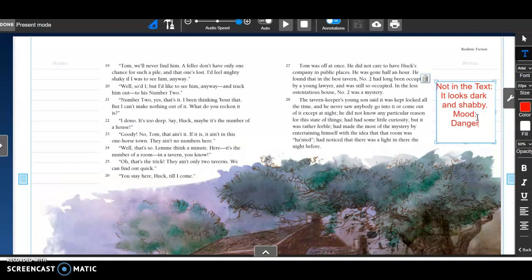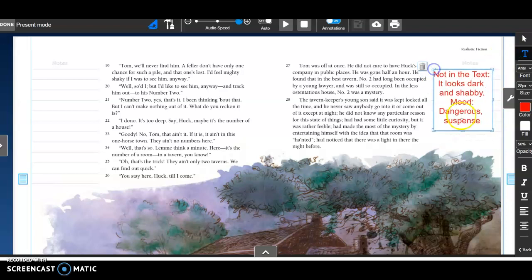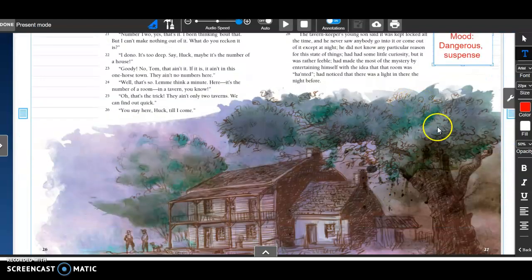Like mood can be dangerous. Could also be suspense. Okay. You can just list a couple moods. All right, so that is for that particular illustration.